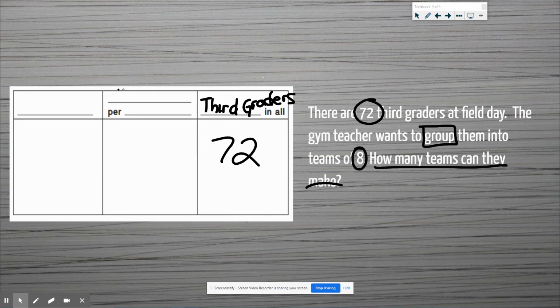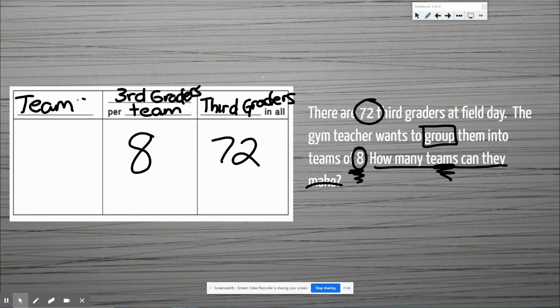So I'm going to say third graders per team. Well, I know there are groups of 8 into each team. So there are going to be 8 third graders per team. And I need to know how many teams can be made. So that'll be my last label. And that's my question mark.